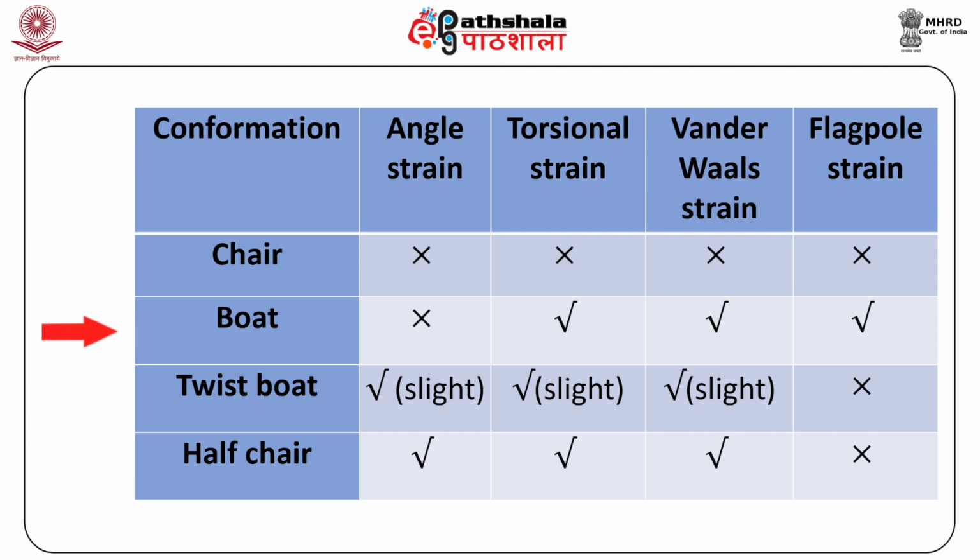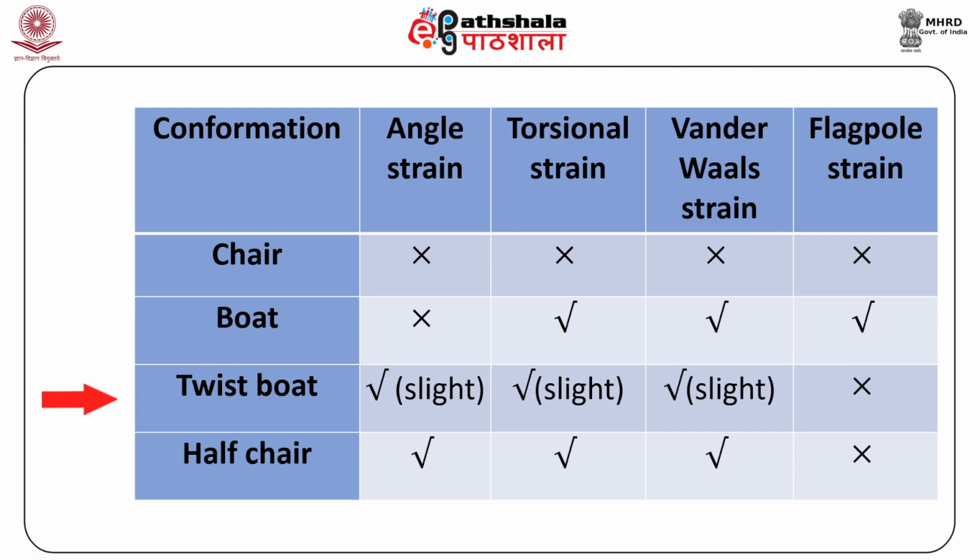Now, look at the boat conformation. There is no angle strain, absolutely free of angle strain. That means the angles in both conformations are nearly equal to the tetrahedral angle, but there is a lot of torsional strain in the boat, and this is arising out of the eclipsing interactions. There is van der Waals strain and also the flagpole strain in the boat conformation.